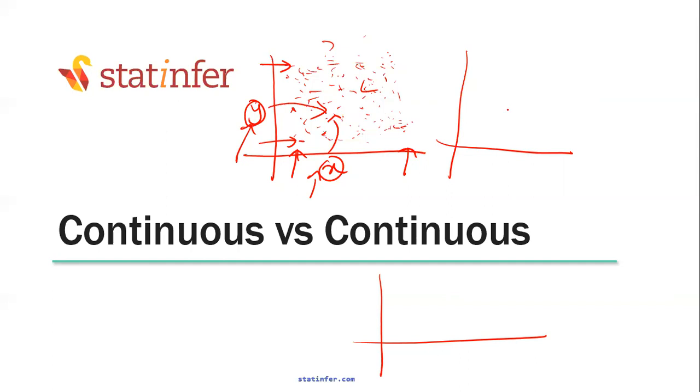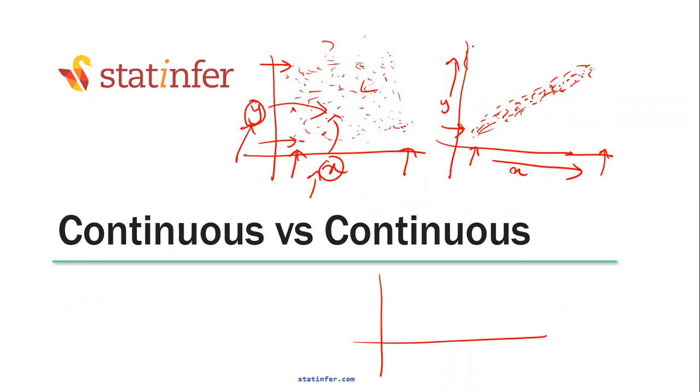Now, sometimes you will see some graph like this, loosely like this overall. What does this mean? If the graph is like this, what will you say? As x increases, y also increases. When x is low, y is low.